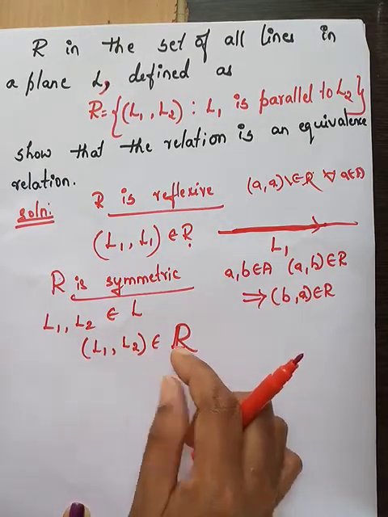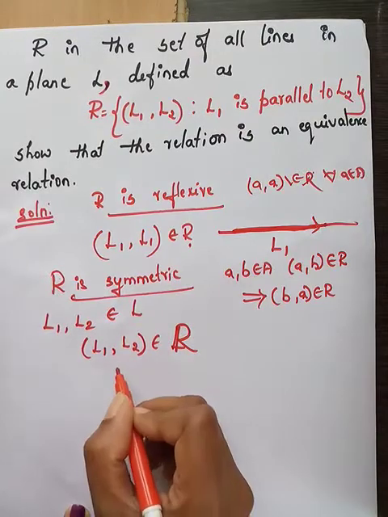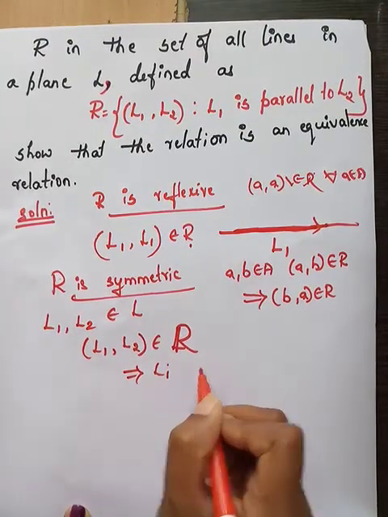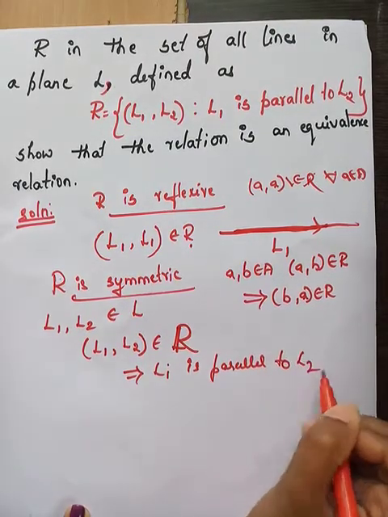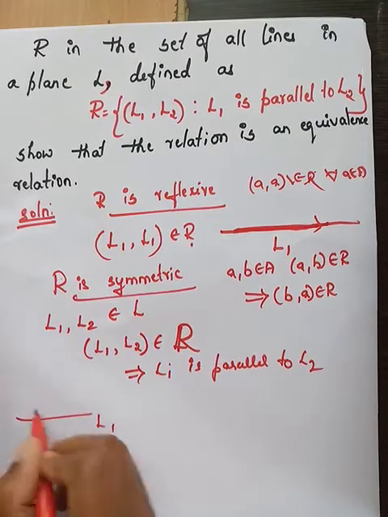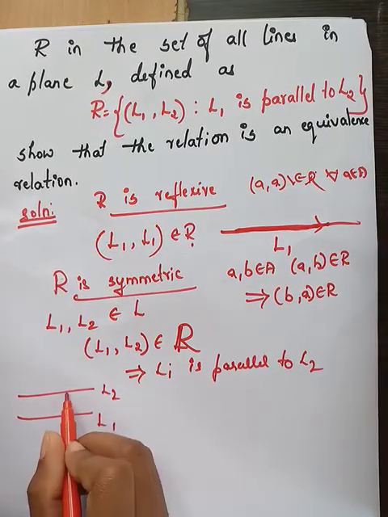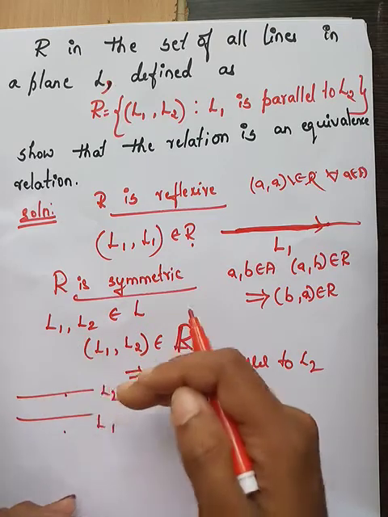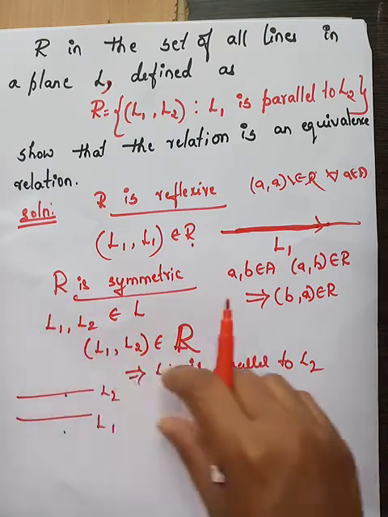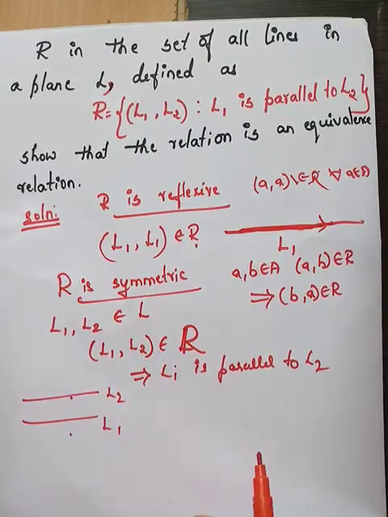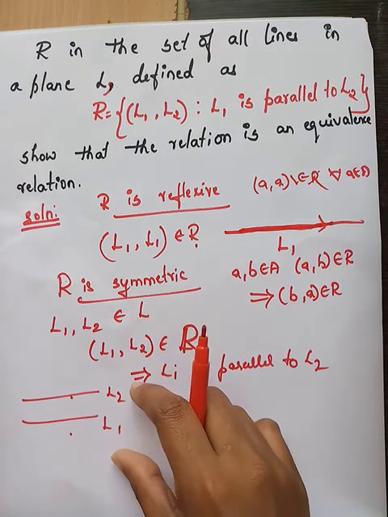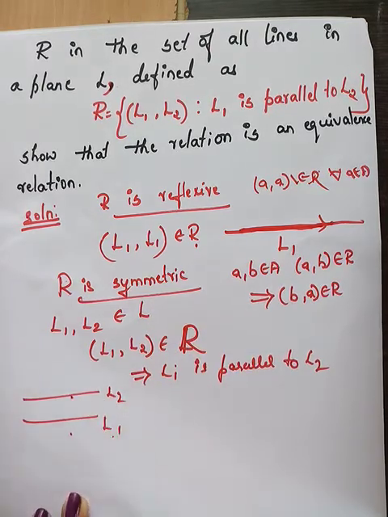That means L1 is parallel to L2. Parallel means lines in the same direction that do not meet anywhere. So you can see that L1 and L2 are parallel.